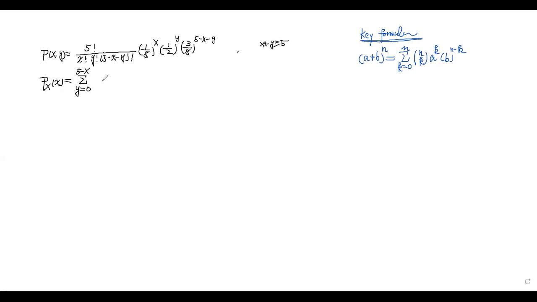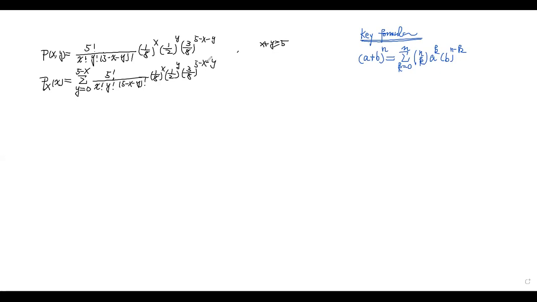And then we have 5 factorial over x factorial, y factorial, and 5 minus x minus y factorial, times 1/8 to the x, 1/2 to the y, and 3/8 to the 5 minus x minus y.